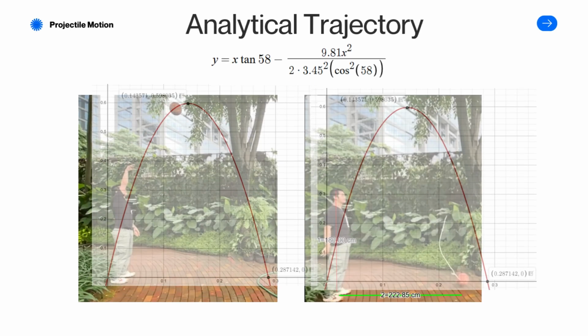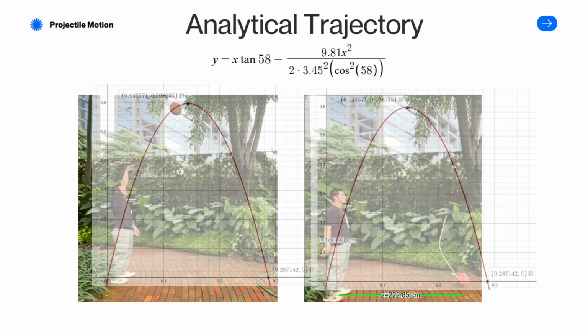Hence, when we plotted the curve using the analytical trajectory equation in the calculator, we overlaid the results with the video in a sideways view. We can see the results of the analytical trajectory and the actual trajectory. We can see that the ball follows a mostly similar curve and path with the vertical displacement.